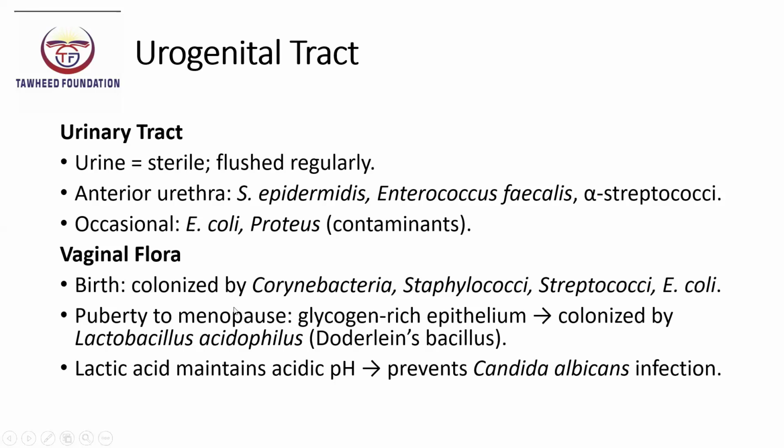The vagina becomes colonized soon after birth with corynebacteria, staphylococci, non-pyogenic streptococci, E. coli, and a lactic acid bacterium named Doderlein's bacillus. During reproductive life, from puberty to menopause, the vaginal epithelium contains glycogen due to the actions of circulating estrogens.